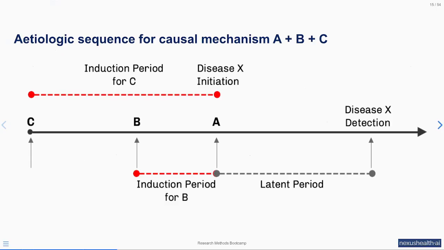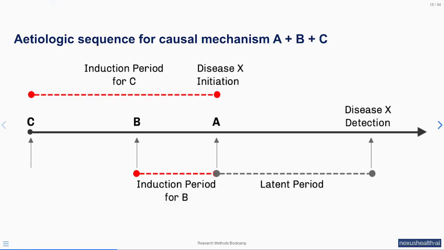So the first is C. Individual is exposed to C. That causes an induction period for C, because from the point where the person is exposed to C to disease X initiation is the induction period for C. And then we have B, the second component cause is now present.